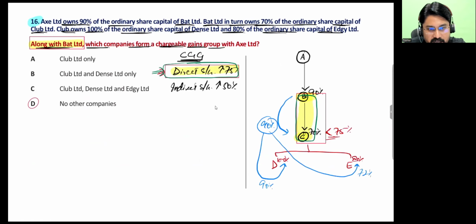So this is how we can check the indirect shareholding. But first, this direct shareholding condition must be met. Then we can check indirect shareholding by multiplying both the percentages. Is that clear now? Although this is not the scenario, I just guided you. Okay, thank you.